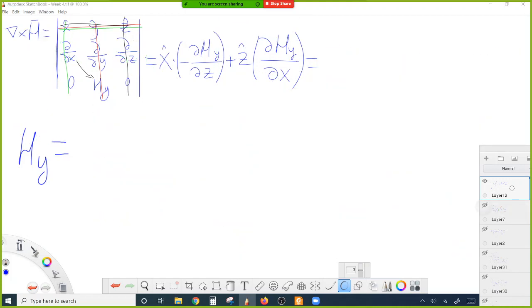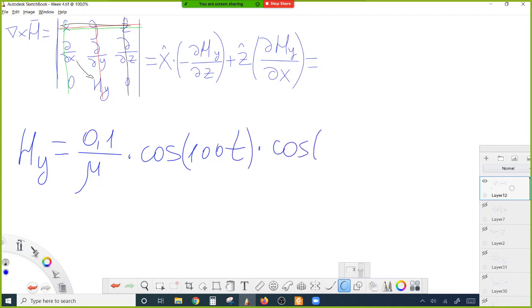Hy is equal to 0.1 over mu multiplied by cosine 100t multiplied by cosine 5z.